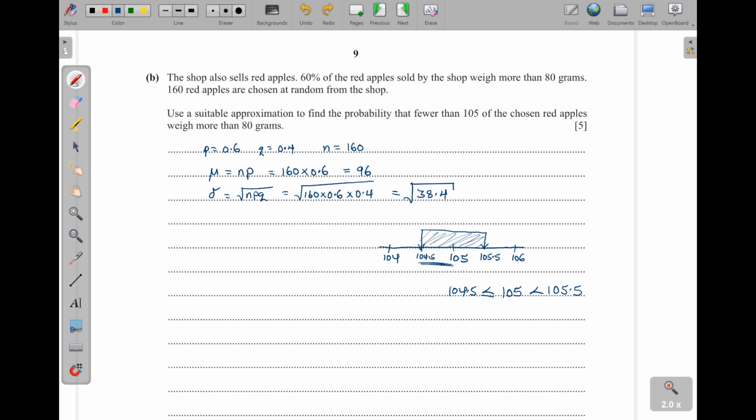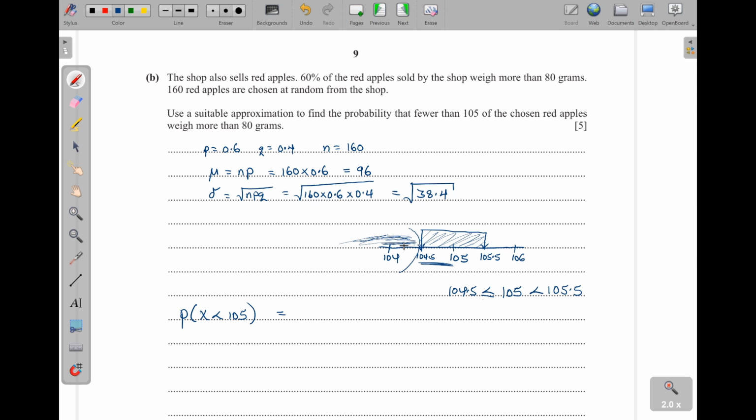Okay. Now, leaving that aside, we are now going to have the probability of x less than 105. So when I round off the figures, what I get must be less than 105. So it has to be below this one here. All of these figures that you get here will not give you 105 when you round them off.